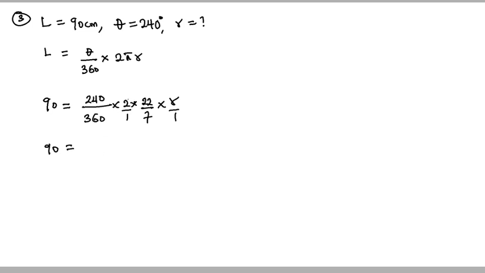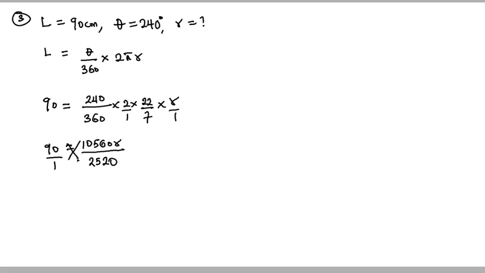And 10,560 times R should be 10,560 R, all over 360 times 1 times 7 times 1, which is 2520.